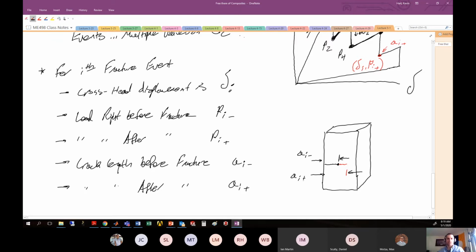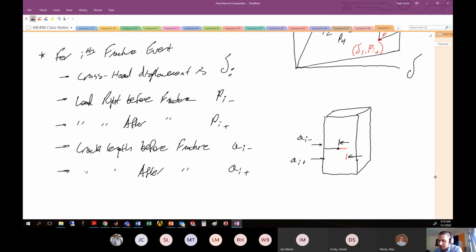All right, so I'm talking the total crack length here, not the crack advance, which is different. Delta A is different than A. Delta A for the ith event is Ai plus minus Ai minus. All right, kind of a little complicated, but let's spell that out exactly.